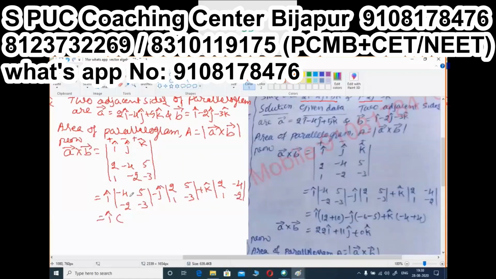Okay, so do the simplification. Minus 4 into minus 3 is plus 12, and minus 2 into 5 is minus 10, minus of minus 10 is plus 10.